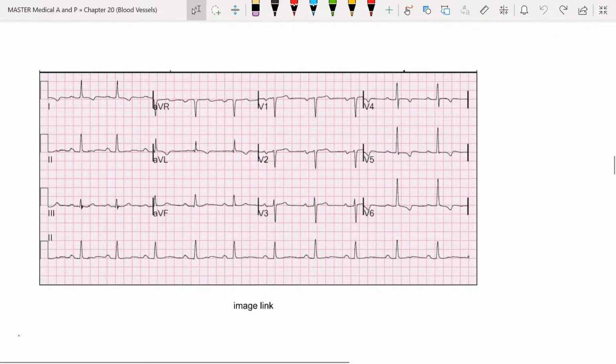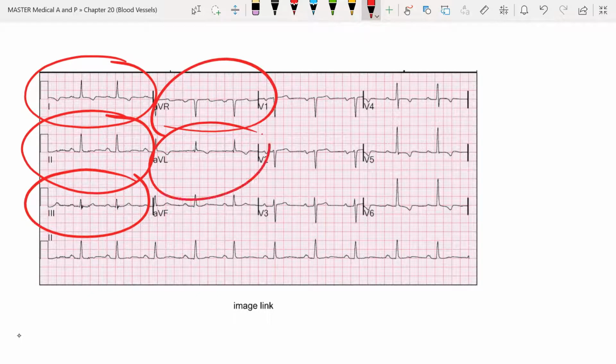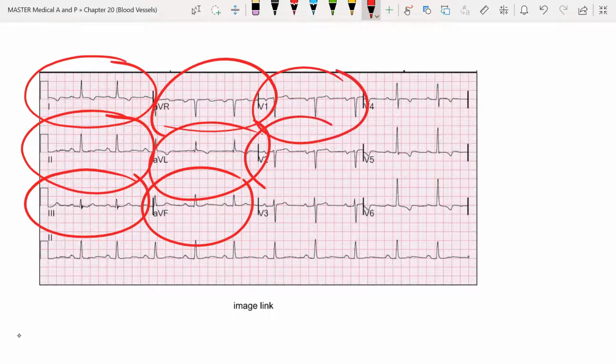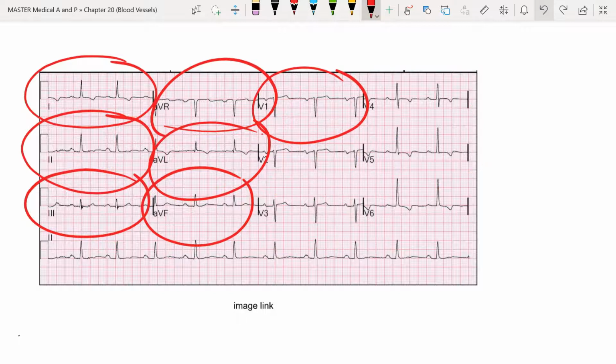Okay, so here we have a typical EKG, and we can see there's an angle here, lead 1, lead 2, lead 3, AVR, AVL, AVF, views V1, V2, V3, V4, V5, and V6 for a total of 12 different views of the heart.